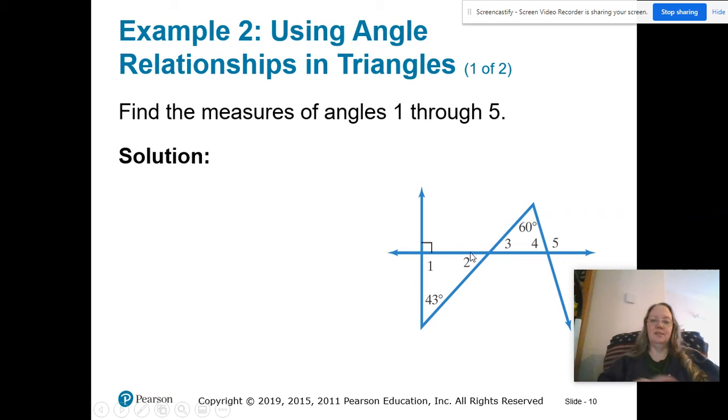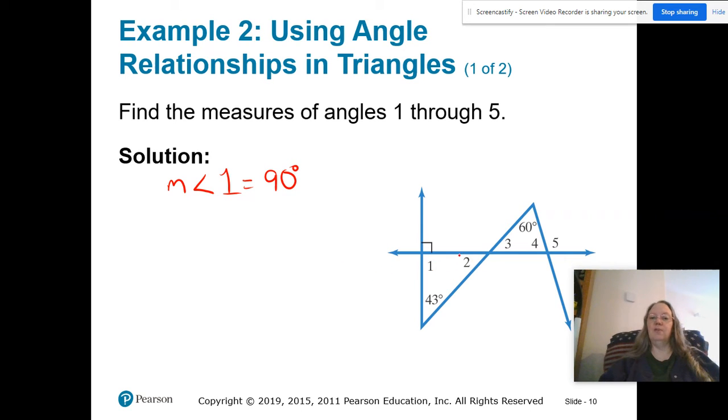However, they did tell us that this angle right here is 90 degrees. Okay, so because these 2 angles right here have to add up to 180, that's a straight angle, they're supplementary. That means the measure of angle 1 has to equal 90 degrees.